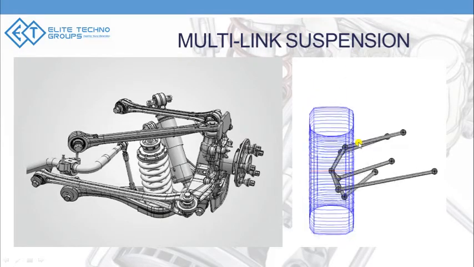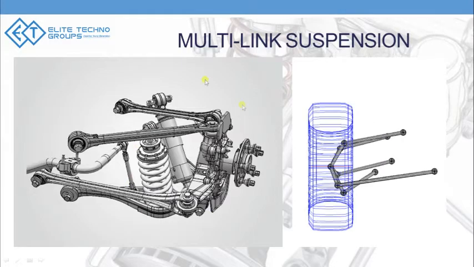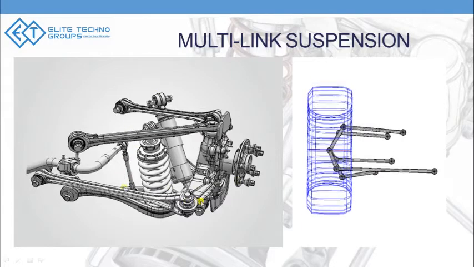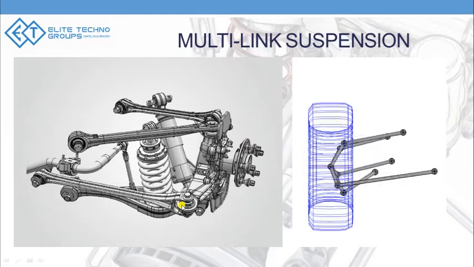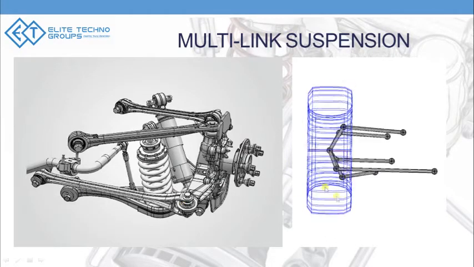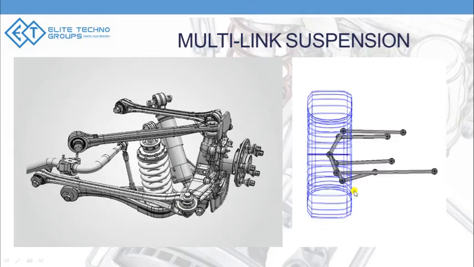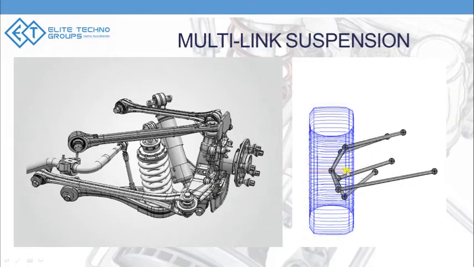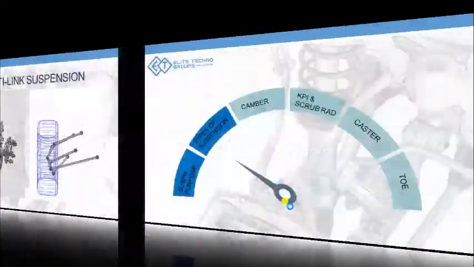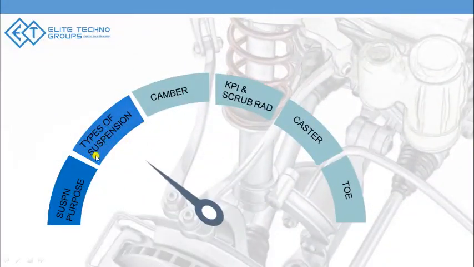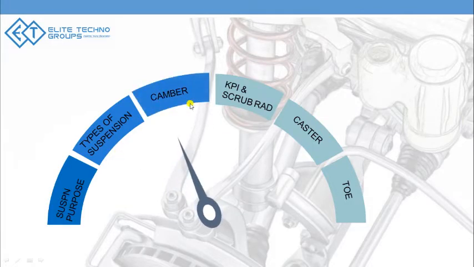That's the reason all the luxury cars nowadays, like the Audi Q7, use multi-link suspension, because of its kinematics and camber gain and all the handling capabilities that come with the design. So with this, we will be concluding the second topic of today, which is types of suspension. The last topic for today's video is going to be camber.